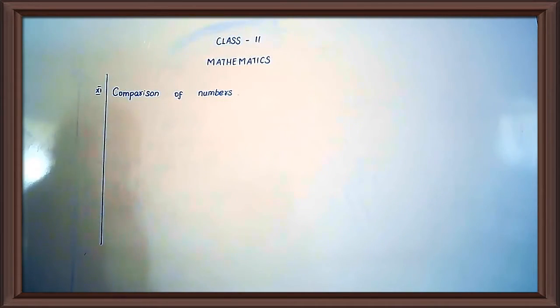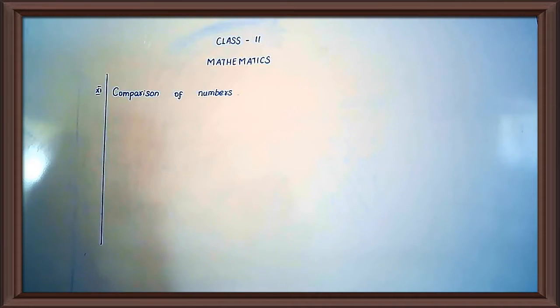Comparison of numbers. Compare means ஒப்பிடுதல். What is the meaning of comparison? The first point: a number with fewer digits will always be smaller than a number with more digits.